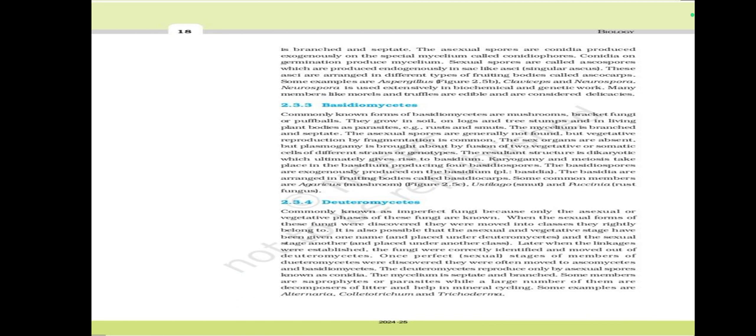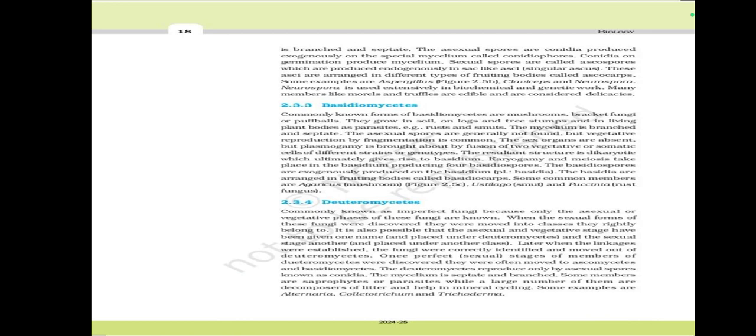Sexual spores are called ascospores, which are produced endogenously in sac-like asci, singular ascus. These asci are arranged in different types of fruiting bodies called ascocarps.